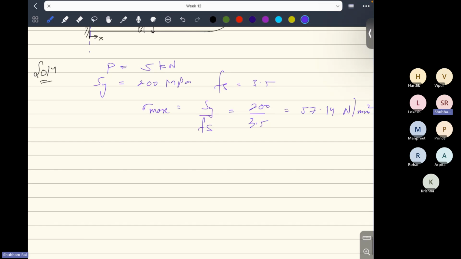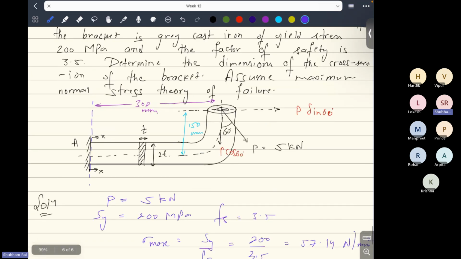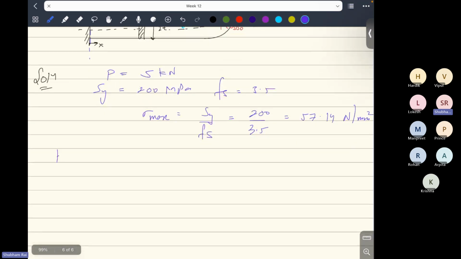Now we already have a horizontal component of force and a vertical component of force. Let's calculate that. The horizontal component, which I'm calling PH, is P sine 60 degree, and sine 60 degree, you know, is root 3 by 2. So 5000 sine 60 degree, that is root 3 by 2.